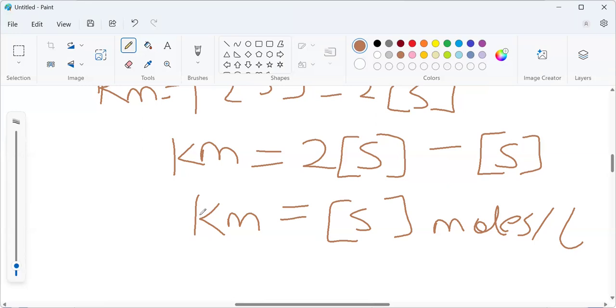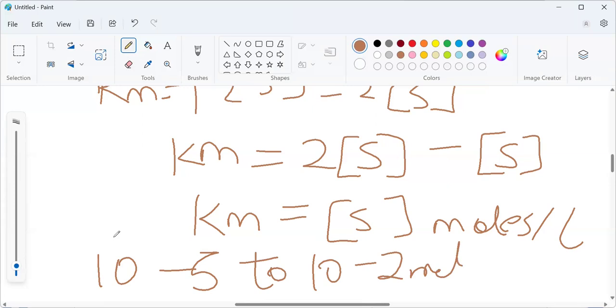For the majority of enzymes, the Km value is usually within the range of 10^-5 to 10^-2 moles. It should also be noted that Km is not dependent on the concentration of enzymes.